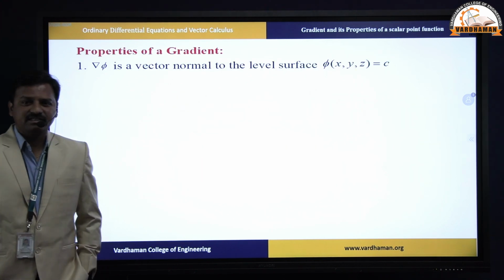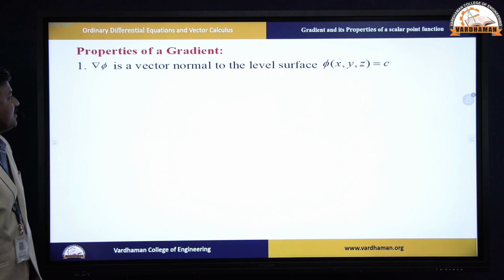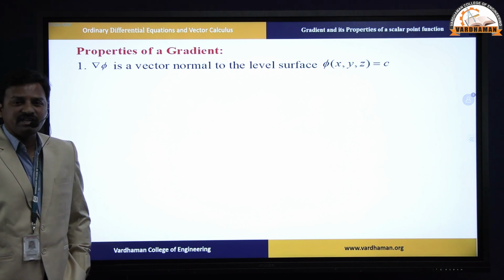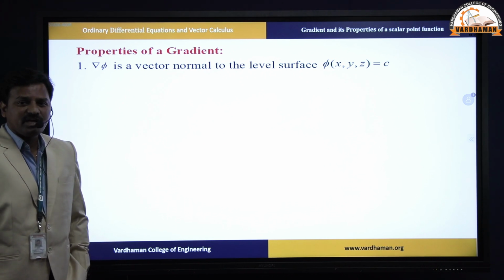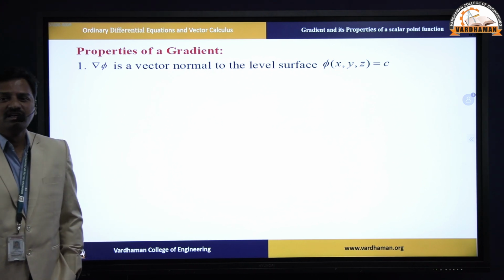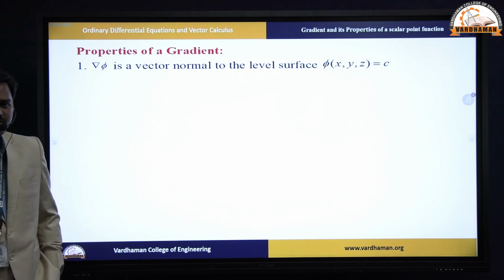Properties of gradient. First property, del phi denotes the vector normal to the level surface phi of x, y, z equal to c, and del phi by mod del phi is the unit vector normal to the surface phi of x, y, z equal to c.